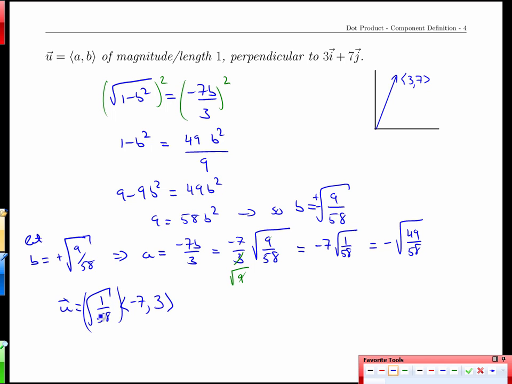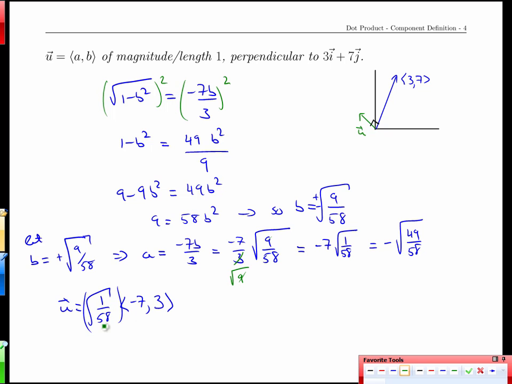So it's a common factor times, most importantly here, negative 7, 3, or lots to the left and a little bit up. And if we draw that like so, that looks about right. We will get perpendicular vectors here. That would be our u.